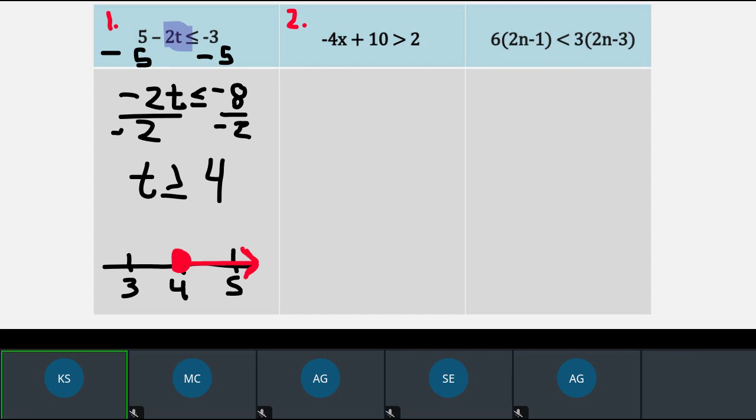Okay, Sarah, so you're really close. Remember that we have to write it as an inequality. So the first thing, for those of y'all that are stuck, we're going to subtract 10 from both sides.